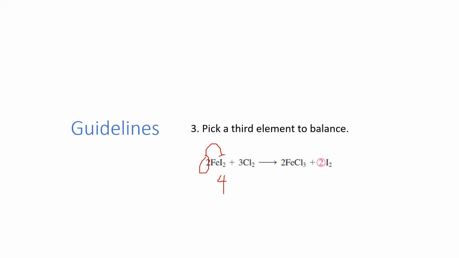So we have to also add a coefficient of 2 on our product side. In this case, meron na tayong 4 and 4 on both sides. Meron na tayong balanced chemical equation. So, unang-una, binalance natin si chlorine, sunod si iron, and lastly, si iodine. Okay, so step by step yung pag-balance natin, mas madali at mas maayos ang process natin.